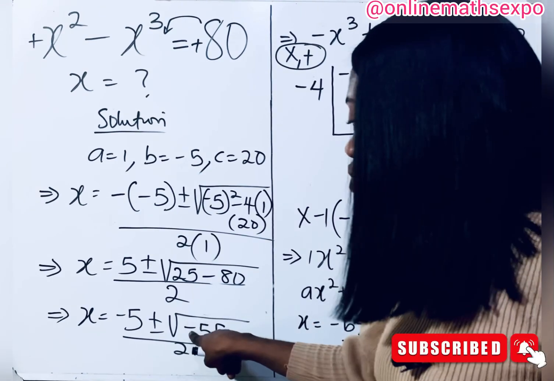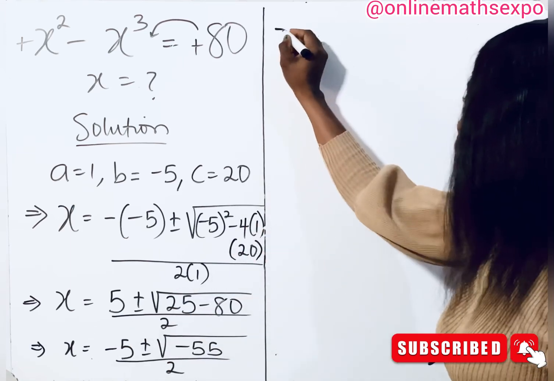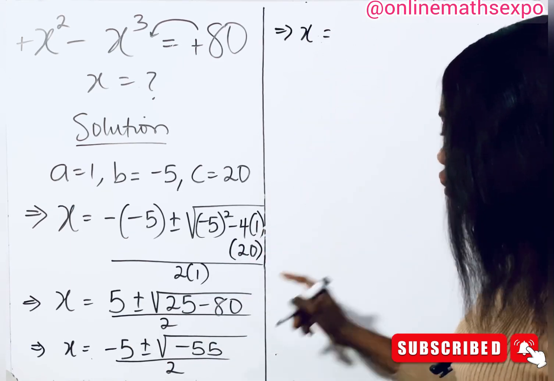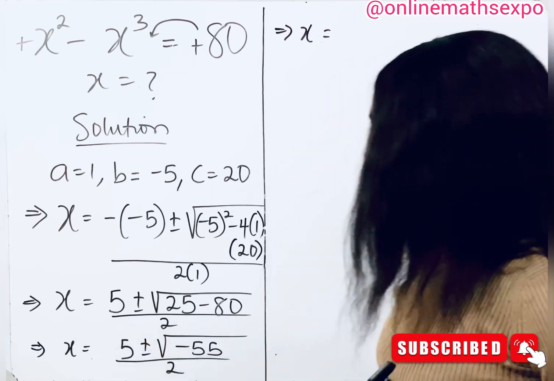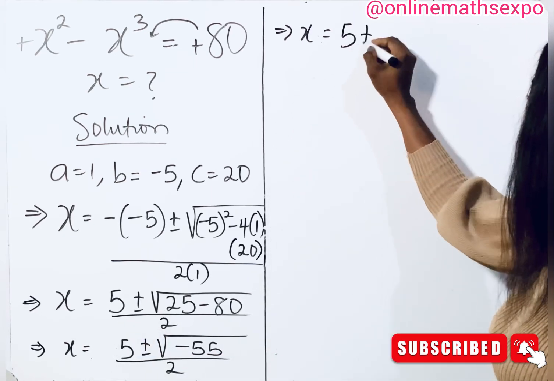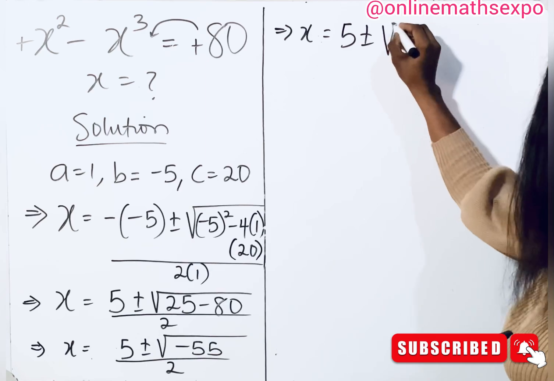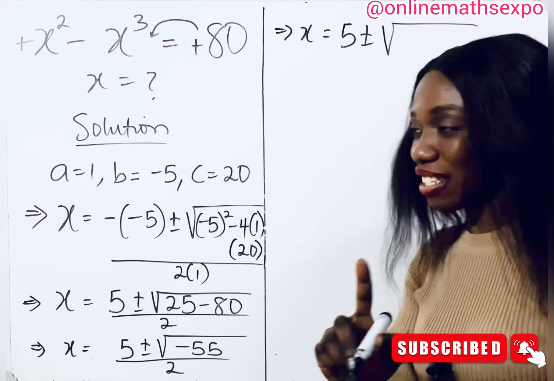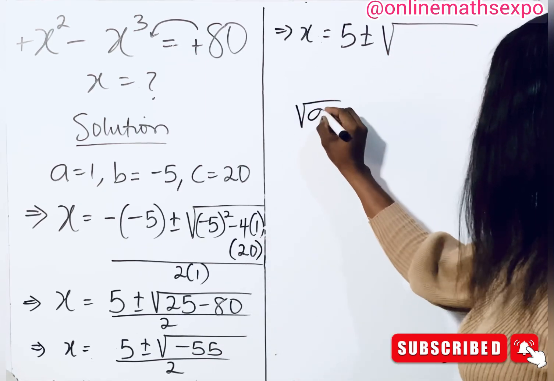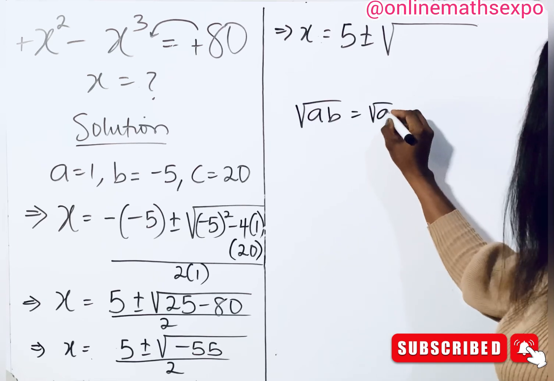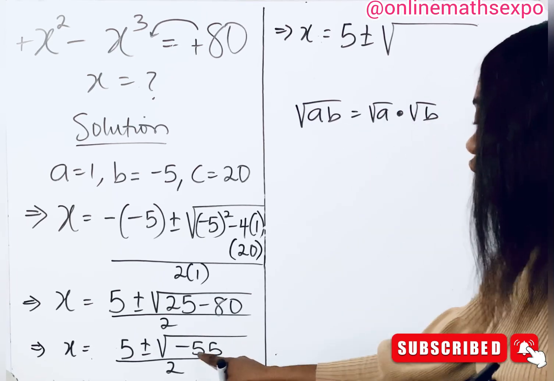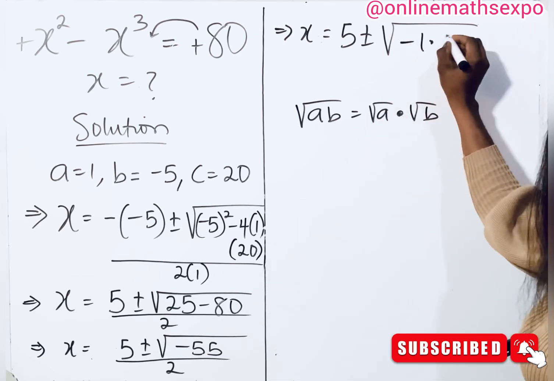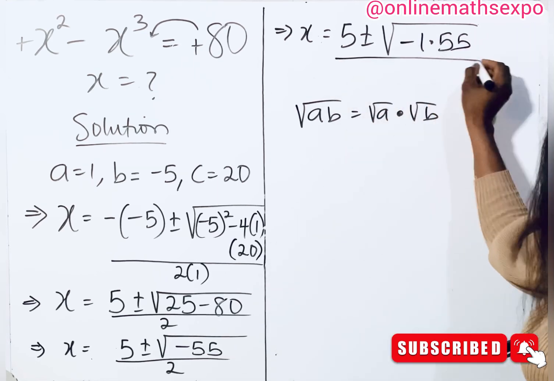So in that case, to remove this, we have x is equal to 5 plus or minus, then square root of, for this, just remember this tip, okay? When you have this, it is the same as root of a multiplied by root of b. So in that case, for this, we are going to have it as this, all over 2.